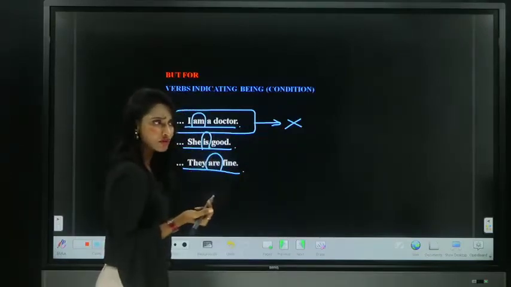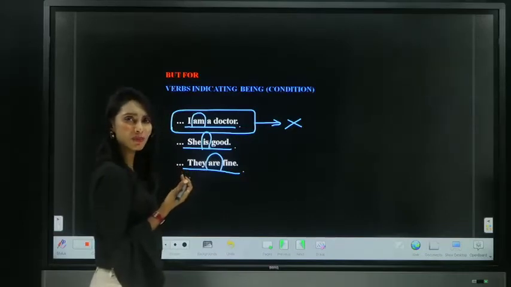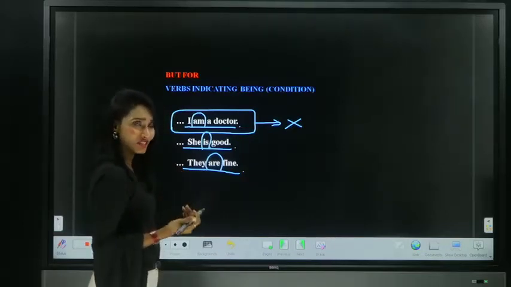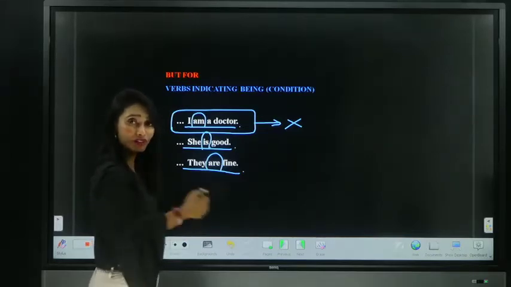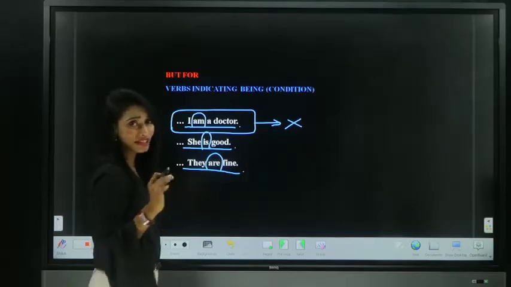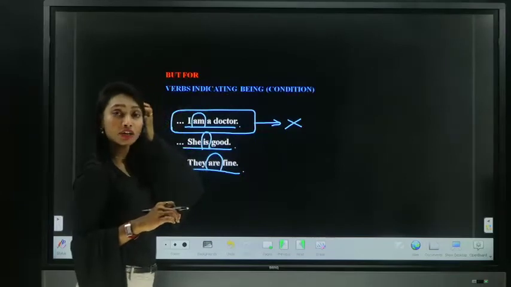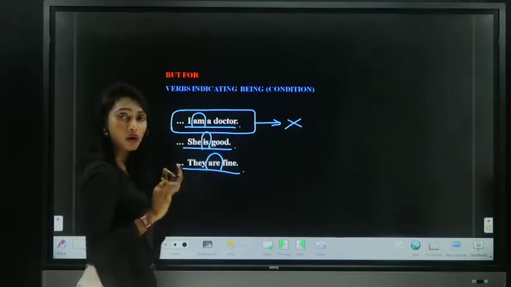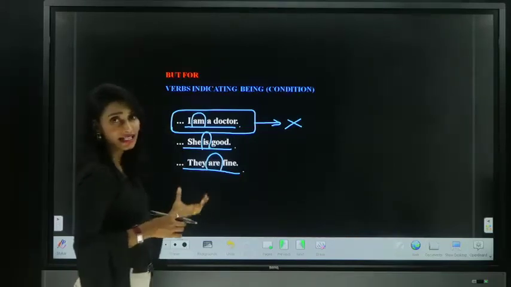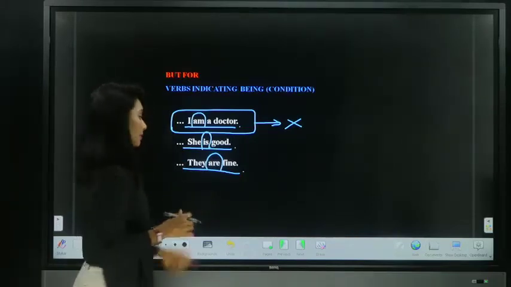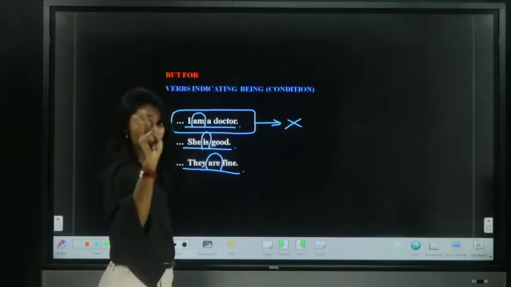What about present perfect? Can you say I have, what is the V3 form for am? I have been a doctor? No, you cannot. And perfect continuous? No, it cannot be written. That means for verbs of being, condition, you cannot write the sentence in all the forms and all the tenses. Which tenses can we use? You can write only in three forms. One, simple past. Two, simple present.